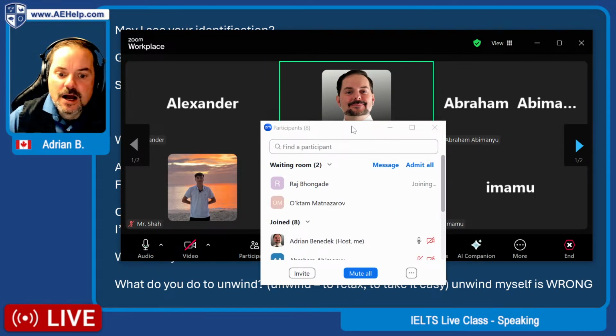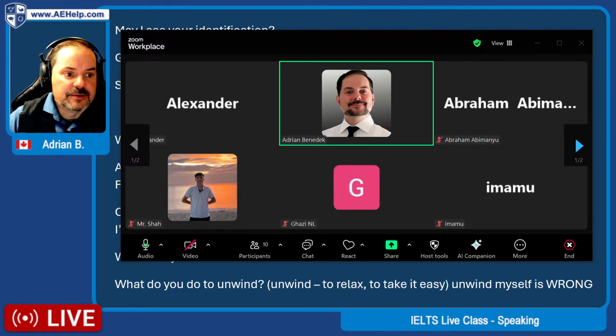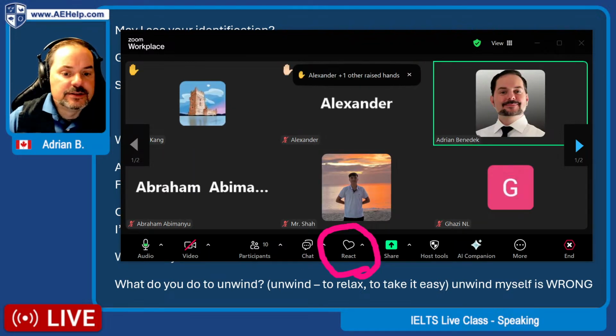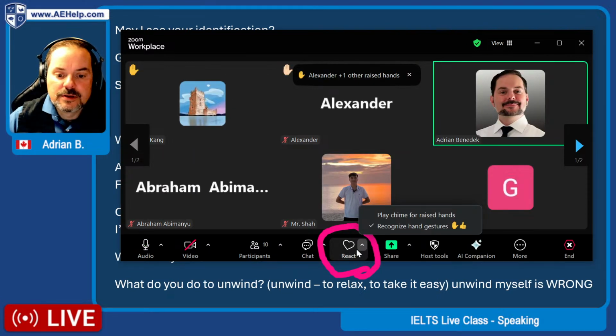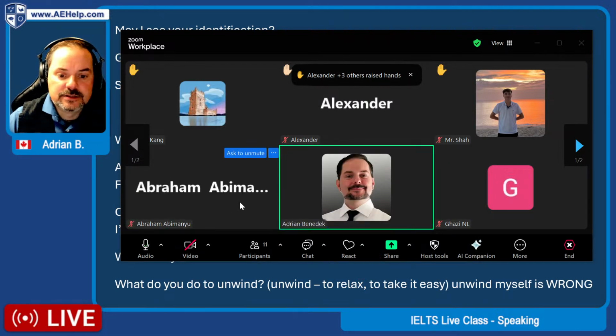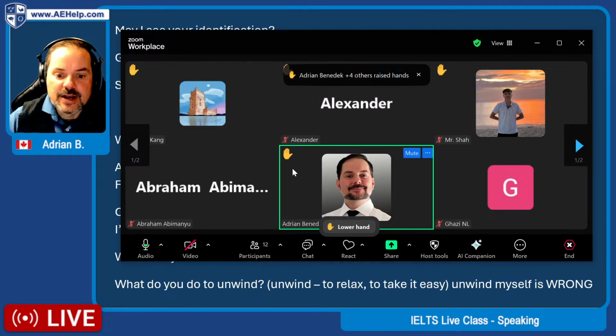In order to volunteer, everybody, use the React button. When you click on the react button, you can raise your hand, and then you see that hand come up beside your avatar, and that's how I know that you want to volunteer.